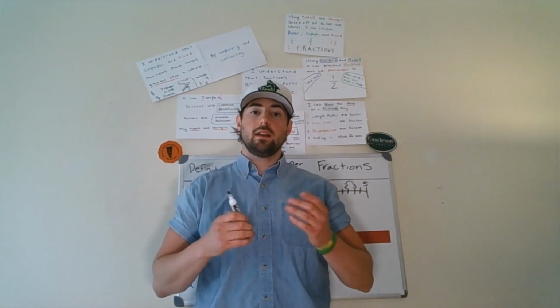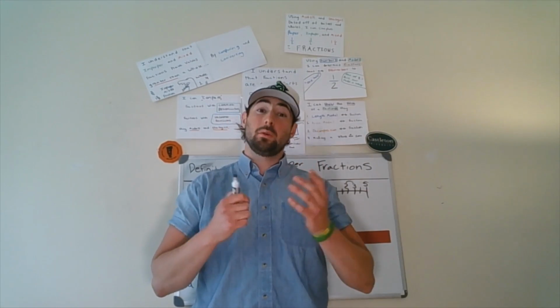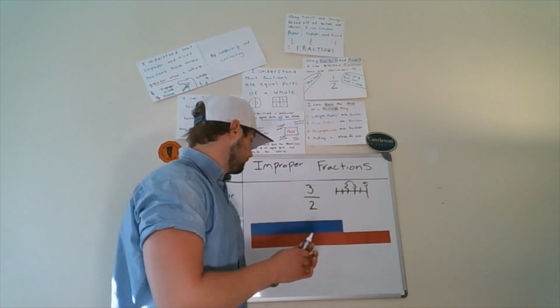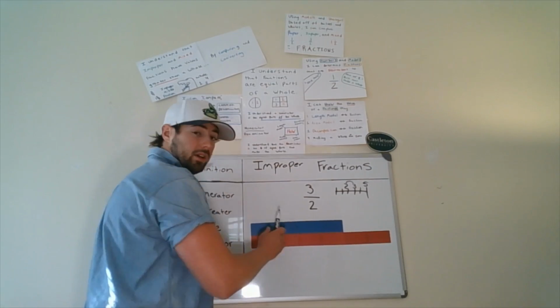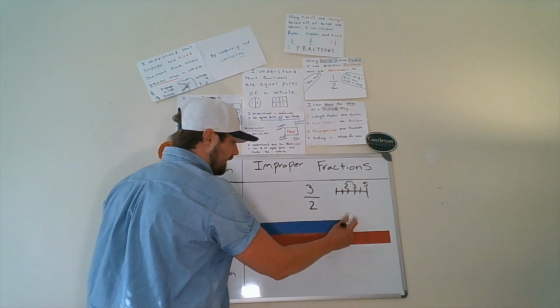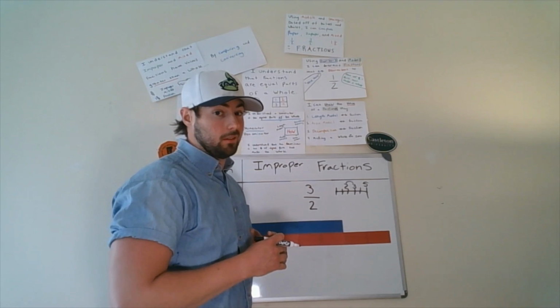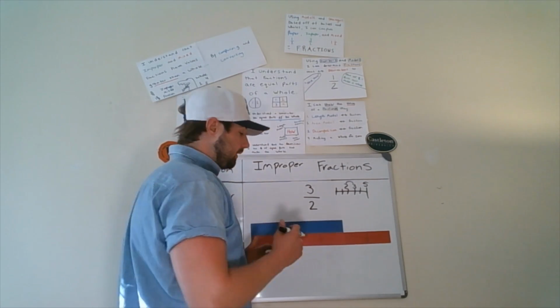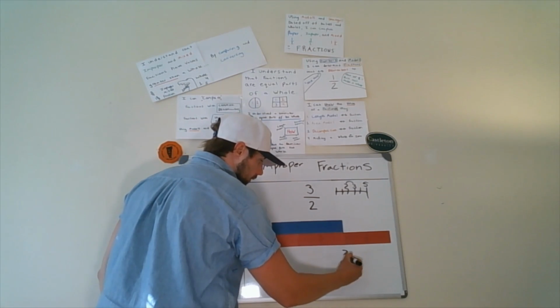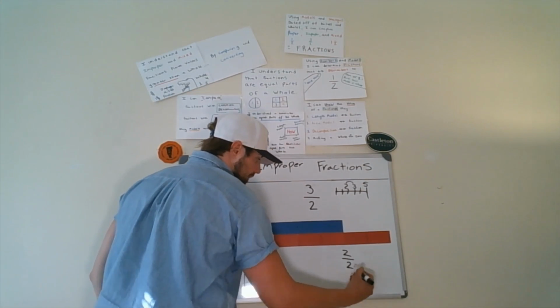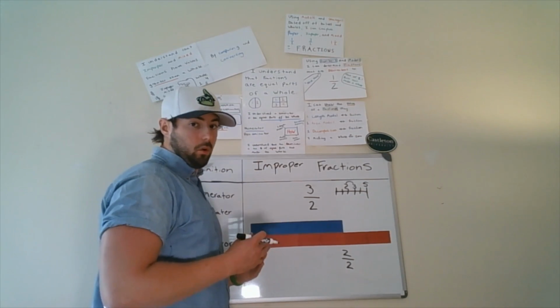Let's take a look at it using those numbers and doing some decomposing. As we always start with fractions, we need to think about that whole, or later in this lesson, thinking about halves, is that when our numerator is the same as our denominator, that is our whole.